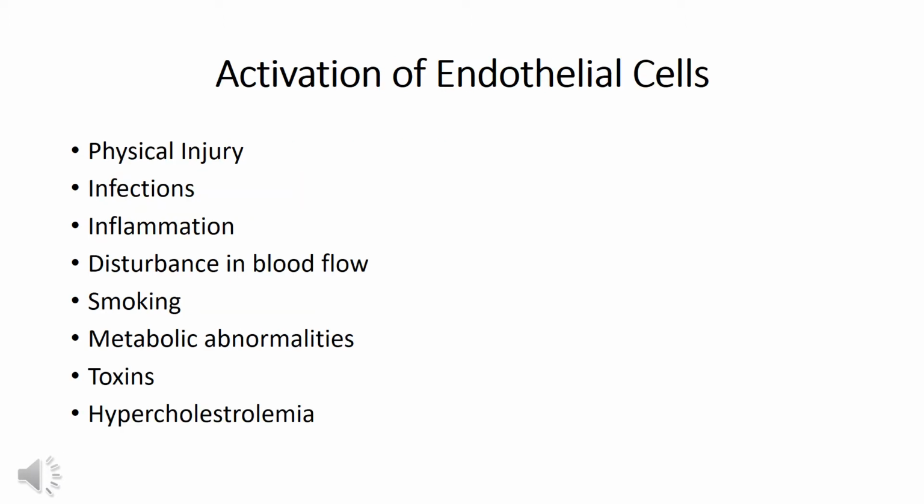Now, activation of endothelium. Activation of endothelial cells, or of a single endothelial cell, occurs whenever the endothelium or endothelial cell undergoes any physical injury, or a blood vessel undergoes any physical injury or gets ruptured.